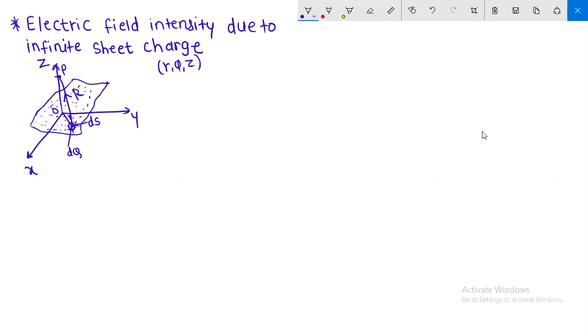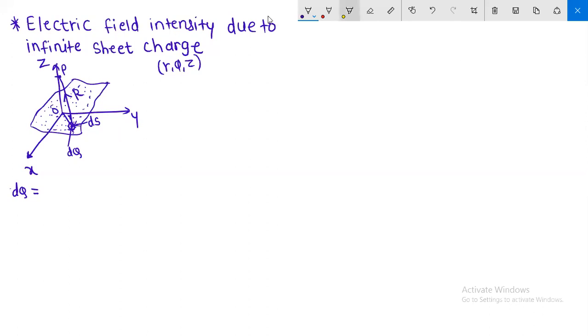Now tell me what is r bar. First of all, we have to find this dq. So what will be the dq for sheet charge?